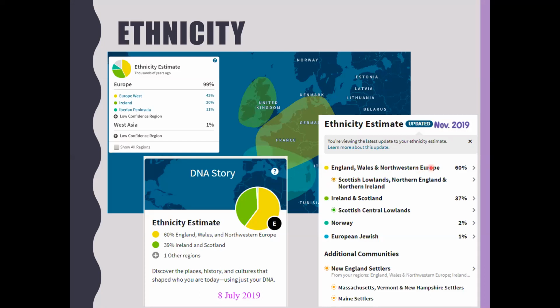For the England, Scotland, and Wales, or England, Wales, and Northwestern Europe, Ireland and Scotland, Norway. The ones here that have the dotted lines and don't have an estimate, this is their attempt to combine the DNA with all the family trees they have to figure out where your ancestors were.